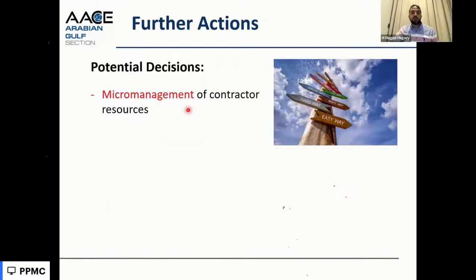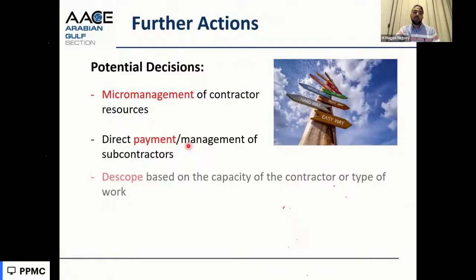And the further actions, sometimes we go to micromanage the contractor resources. If the contractor is not able to do this, we go sometimes to direct payment to subcontractors or suppliers. And if all of these things are not working, or based on the capability also of the client, not capable to do all of these things, in such cases, we may descope areas the contractor is performing but not performing well to complete on time.